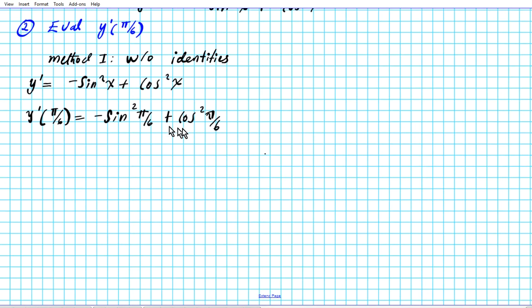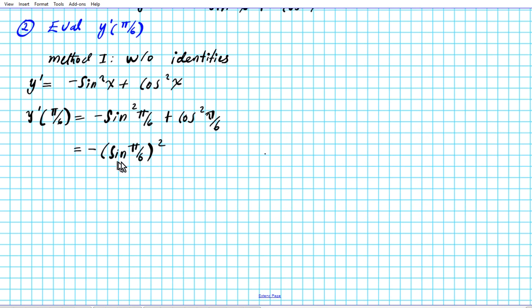Now what on earth is this? This looks horrible, right? You have the square and a pi over 6. What is going on? So let's rewrite it in such a way that we can clearly see the order of the evaluation procedure. Okay? So the square is the outer function. So what we're going to have is negative (sine pi over 6) square. Writing it in this format makes the evaluation procedure clear.